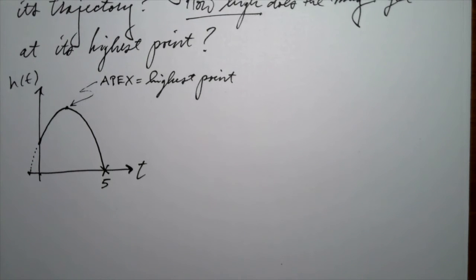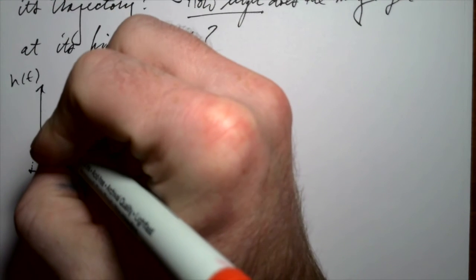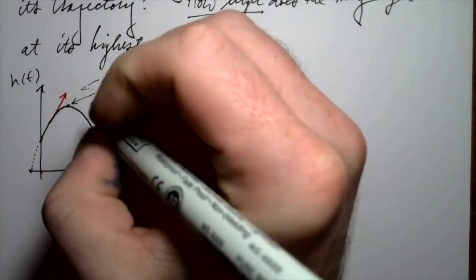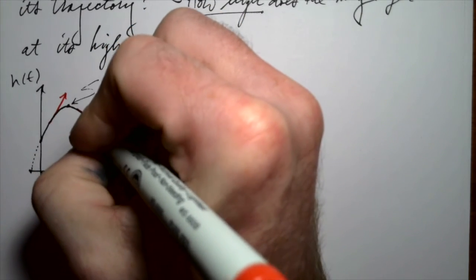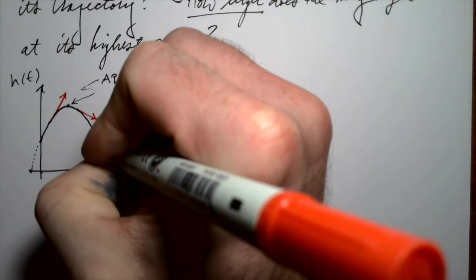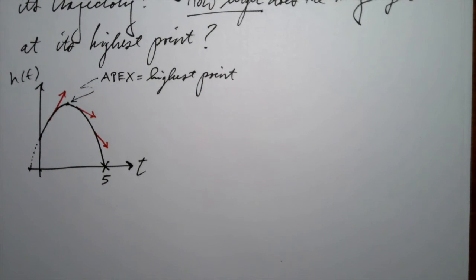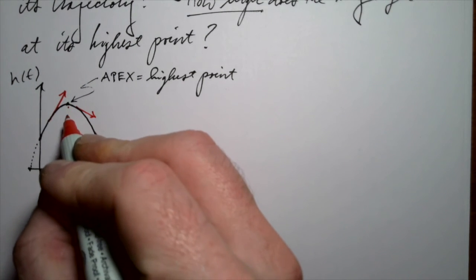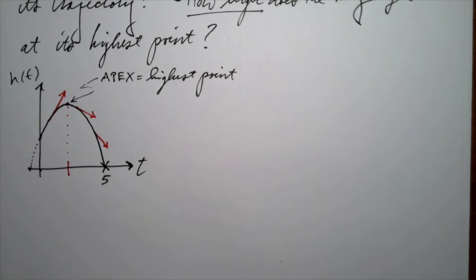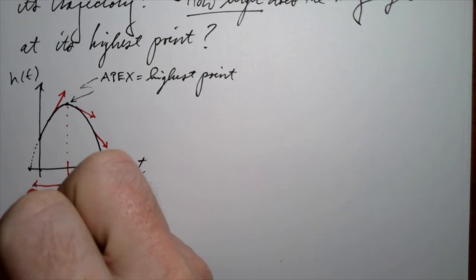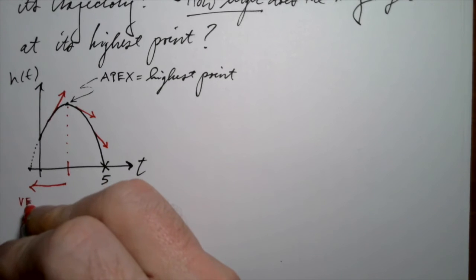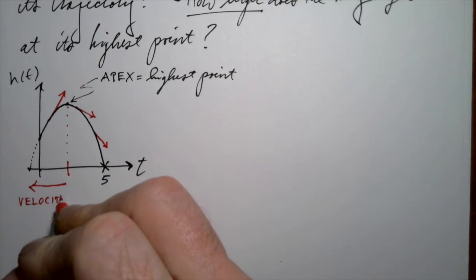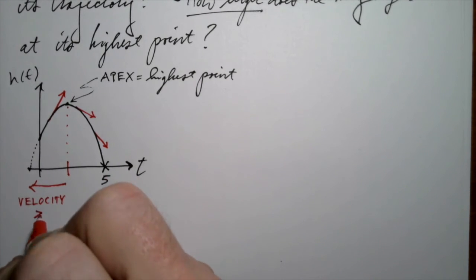Here, check it out. If I think about the tangent line, or equivalently, the rate of change of height, which is to say the velocity at different points in time, that corresponds to the slopes of these different red lines, we can see that the special property that the apex has is that before the apex, the velocity is positive.